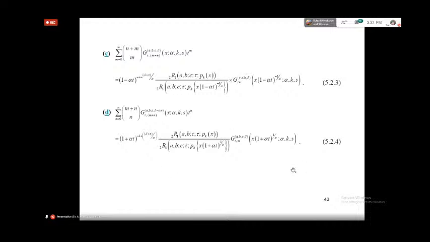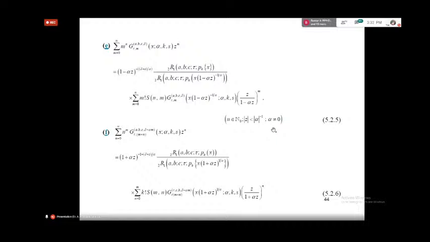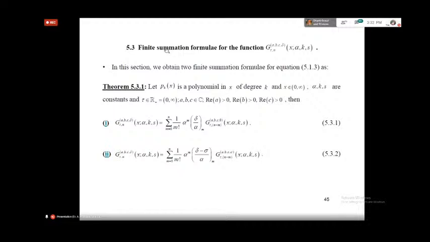This can be written in the form of 5.2.4, and this can be represented into the form of this one, 5.2.3. And the finite summation formula for this function.